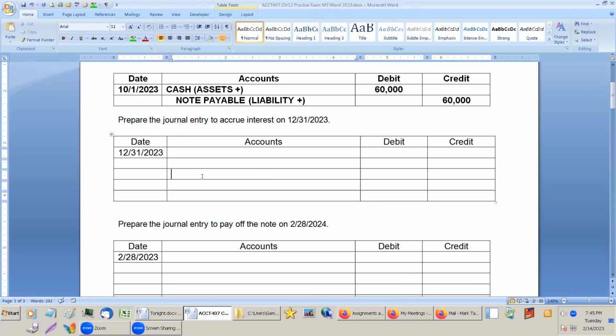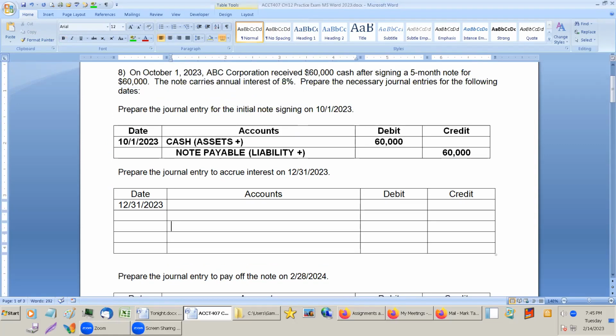Accrued interest on 12/31. Okay, we had 60,000.